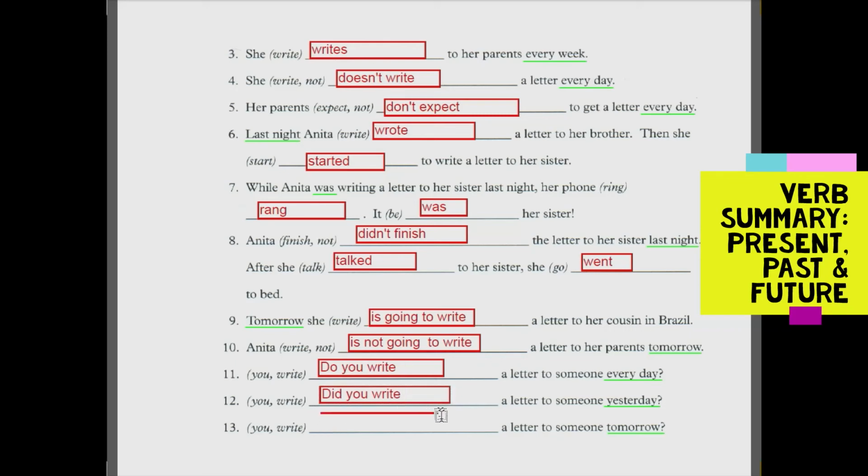And then will you write a letter to someone tomorrow? And we can also use are you going to if we assume that you already have planned. Are you going to write a letter to someone tomorrow? So whether we use will or are you going to depends on our assumption.